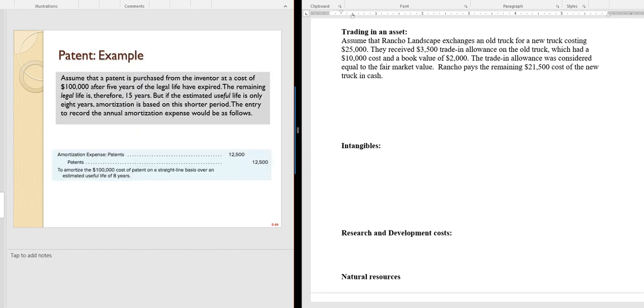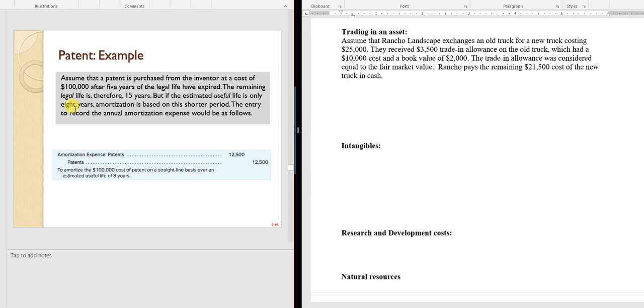So notice that cost $100,000 minus salvage value, which it has none, divided by life. But read them carefully. Don't skim through them, because legal life is 15 years, but estimated useful life is only 8.